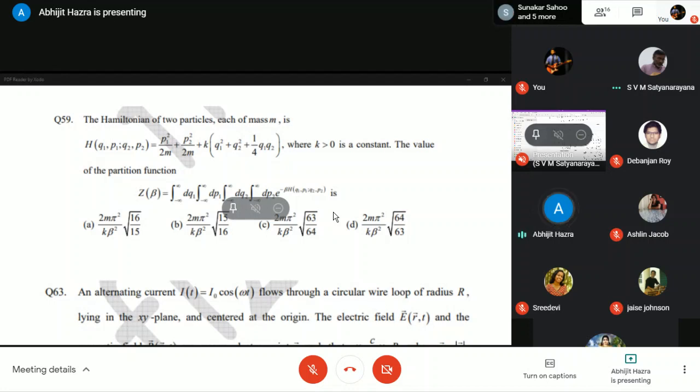So we have four terms: P1 square, P2 square, capital Q1 square, capital Q2 square. Then the integral is solved. Sir, without transformation, it can also be solved, I think, with integration only. We are trying to do that. Just 2 minutes, I will tell you the answer.